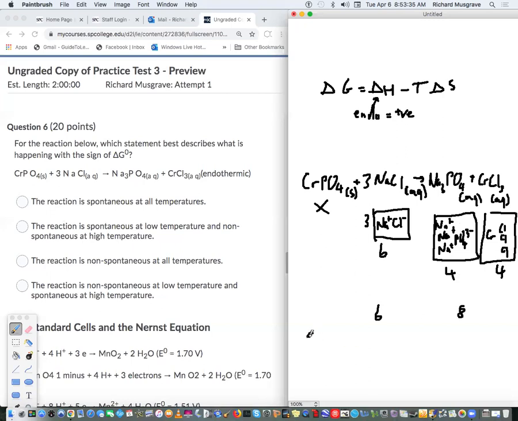Now the delta S is going to be the sum of the entropy of the products minus the entropy of the reactants, which effectively means 8 minus 6, which is equal to positive 2. So delta S is therefore positive. So all of that has allowed us to determine that we have a positive delta H and a positive delta S.